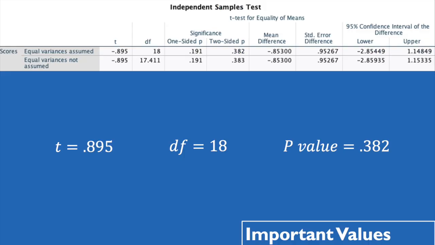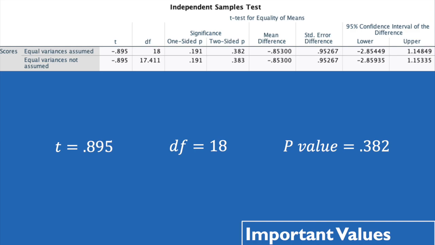Now we're going to look at the independent samples test. As you can see, there are quite a few values on that table. We have the t-value, df, which refers to degrees of freedom, the one-sided p-value, the two-sided p-value, the mean difference, the standard error difference, and then the lower and upper 95% confidence interval of the difference.